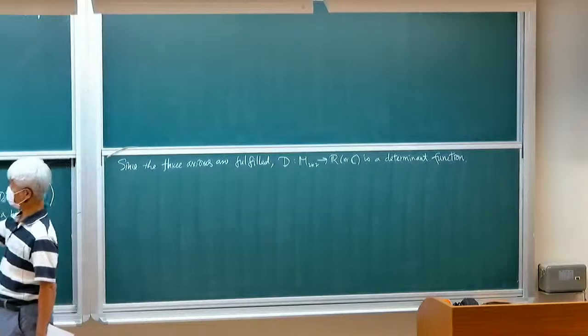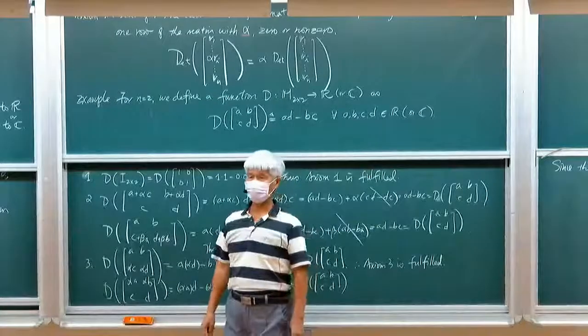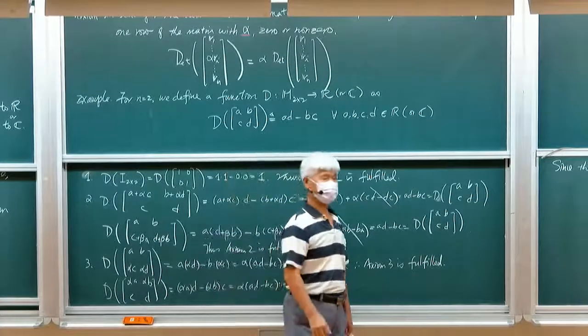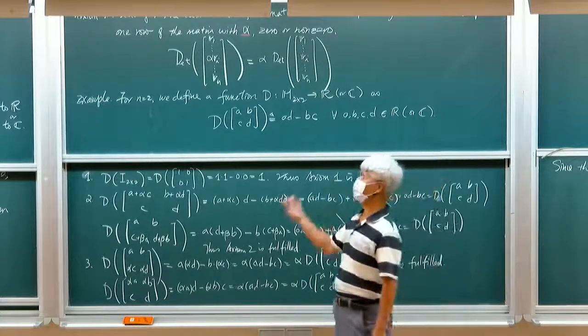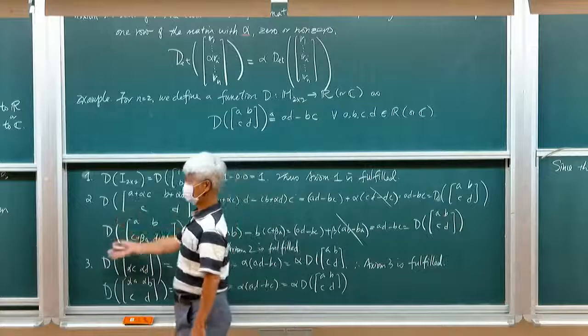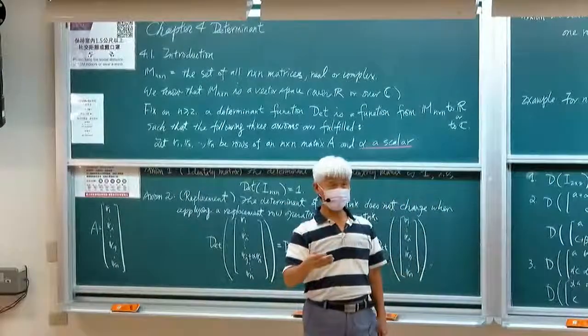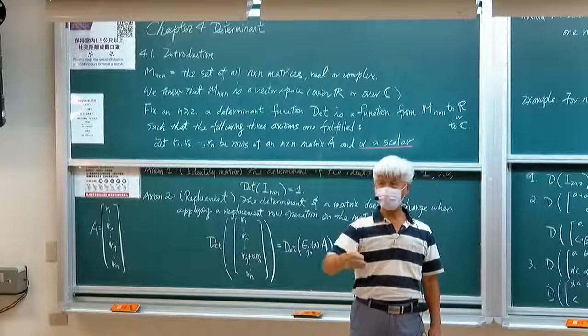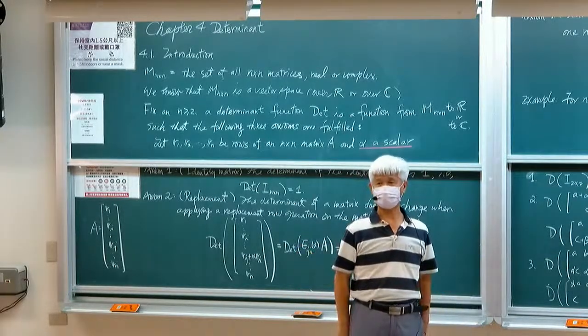The task to verify the three axioms is not difficult, right? For such a function on 2 by 2 matrices. But we can imagine if you want to justify a determinant function on a million times a million matrices, that's a huge matrix.